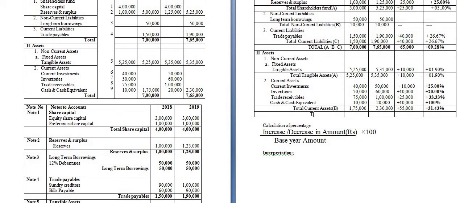And the next one is total assets. Right here, total in bracket A plus B. So total assets, how much? 7 lakh for the year 2018 and 7,65,000 for the year 2019.